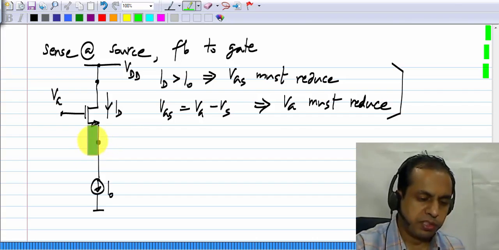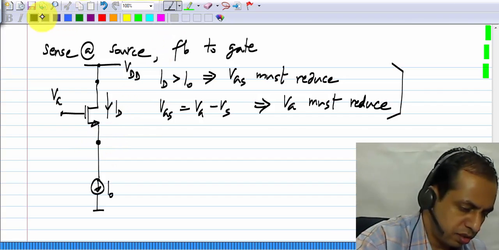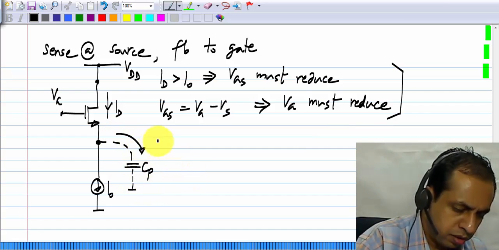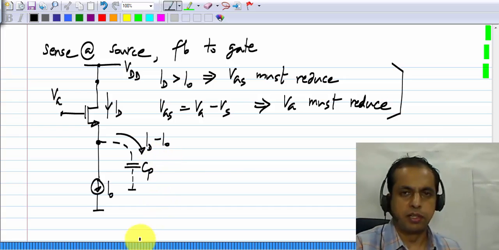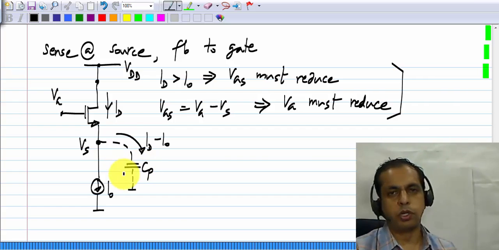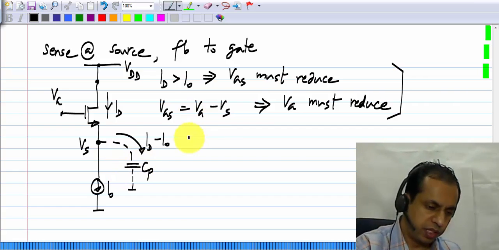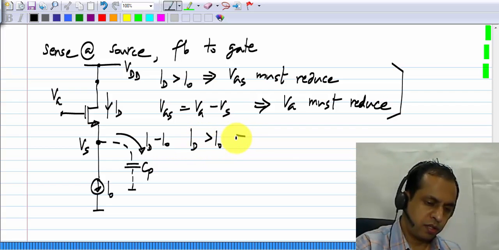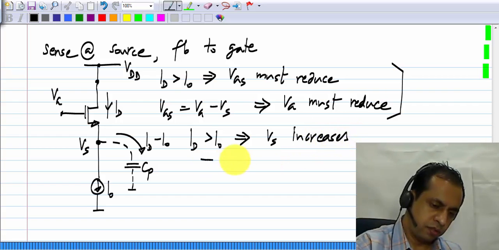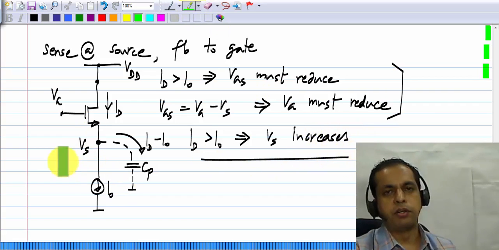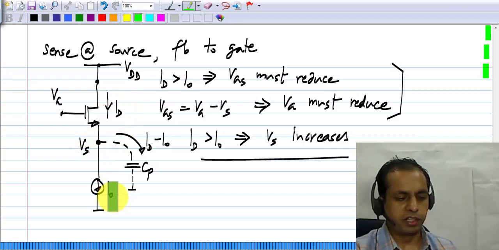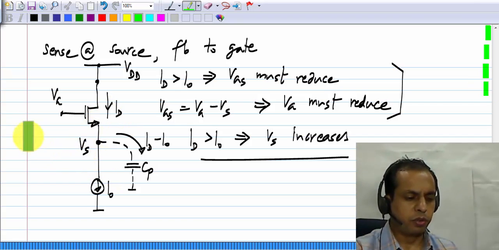Now, let us see what actually happens at the source terminal. ID minus I0 flows into the capacitor, and if ID is higher than I0, what happens is that the source voltage Vs actually increases. So, what is happening to the source voltage is a measure of whether ID is greater than I0 or less than I0. If ID is greater than I0, Vs increases and we want to reduce Vg.